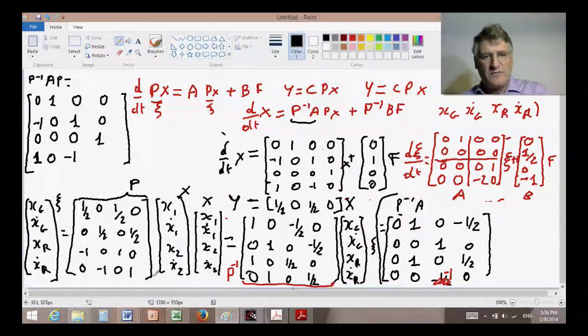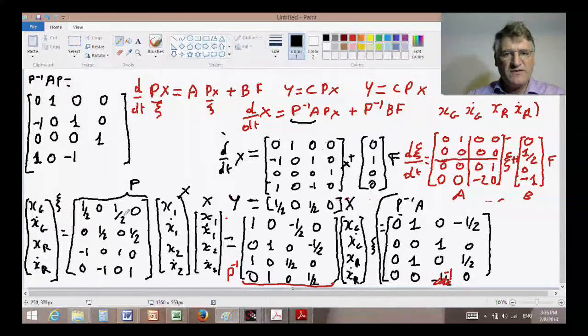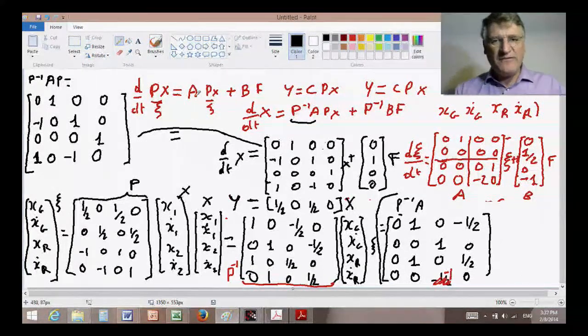And last column, fourth row, 0 times 0 plus 0 times 1/2 minus 1 times 0 plus 0 times 1, 0. This matrix is to be compared with that matrix. And what we see is that once the numerical errors have been fixed, these two matrices are equal. Therefore, what we have is the proper transformation here.